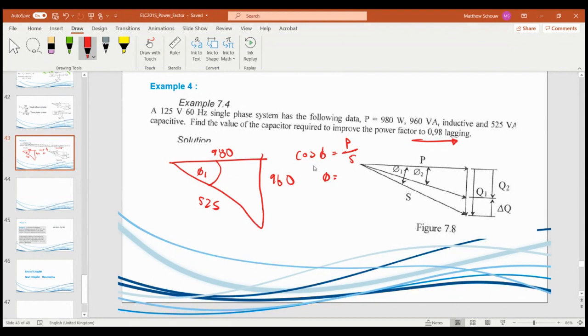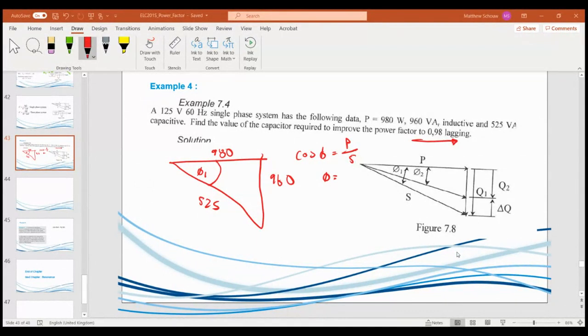Can I have a power factor? Look, 0.9, it can't be 0.99. Remember, we still have to be increasing it to 0.98. So what does the textbook say?